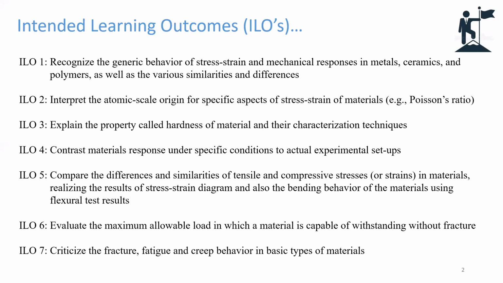Third one, explain the property called hardness of materials and their characterization techniques. Fourth one, contrast material response under specific conditions to actual experimental settings. Fifth one, compare the differences and similarities of tensile and compressive stresses in materials.